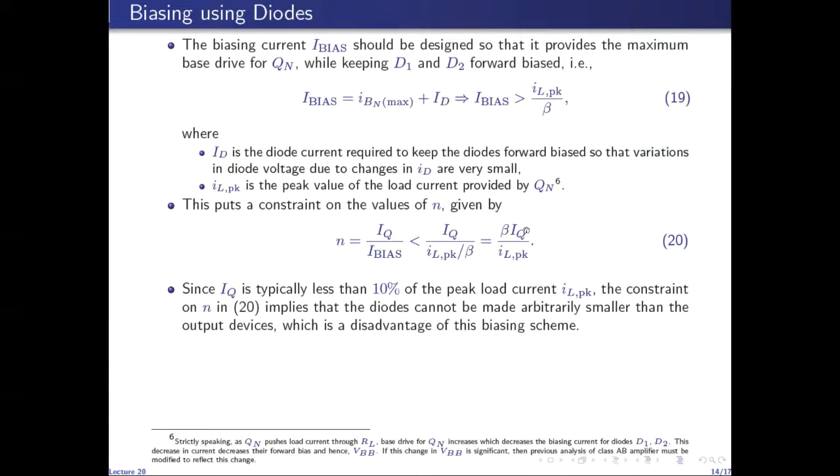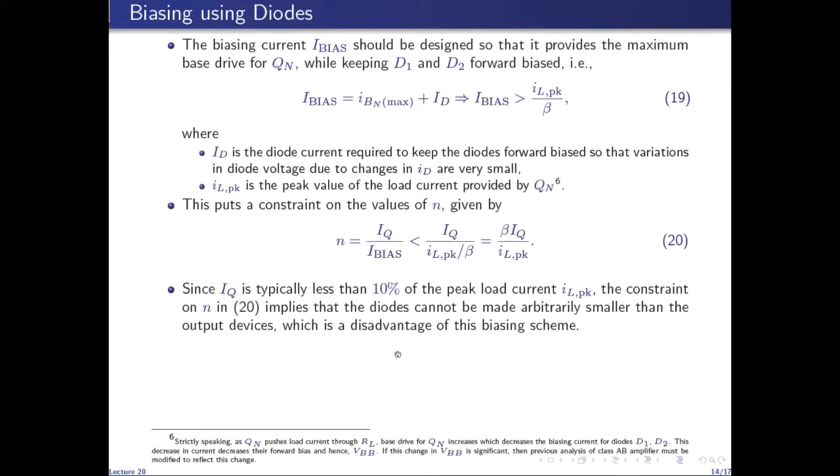So this factor will be less than or equal to about 0.1 beta. So this means that N cannot be made arbitrarily large, which means that the diodes cannot be made arbitrarily smaller compared to the size of the output devices.